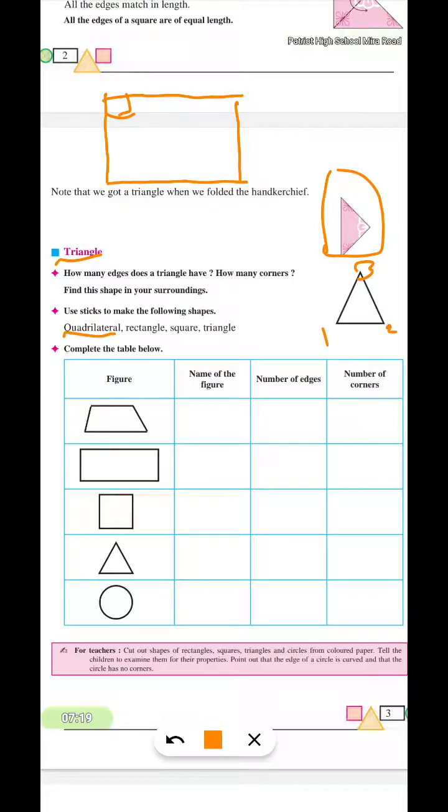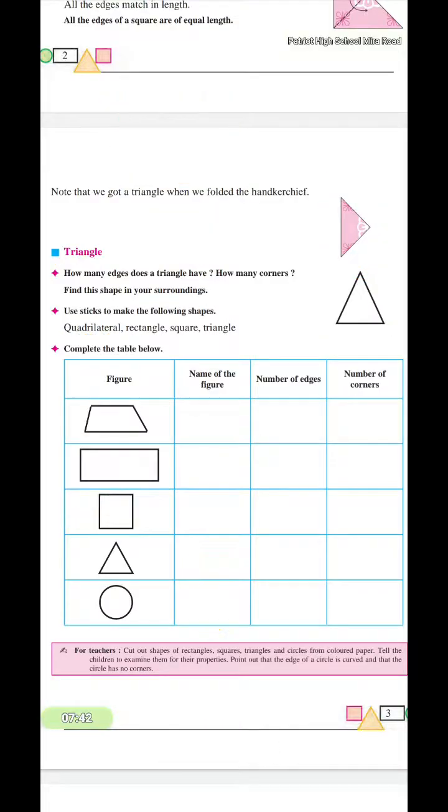For square, all the four sides are equal, so you have to take four matchsticks and form the square like this. With the stick you can form a square, you can form a triangle, you can draw a circle like this.